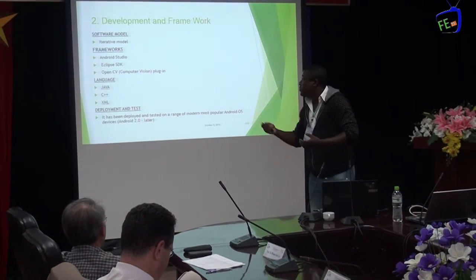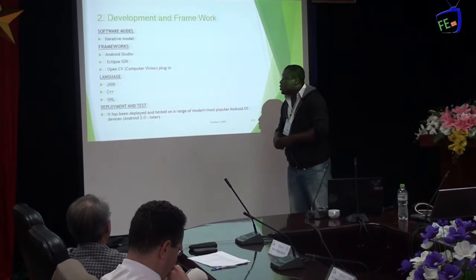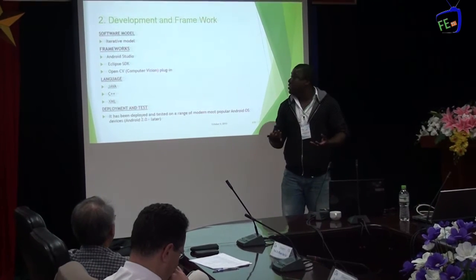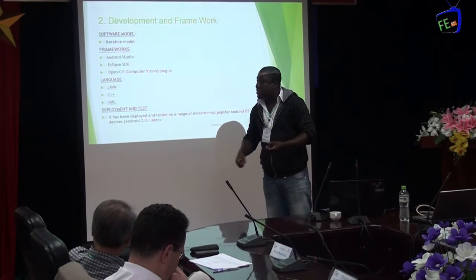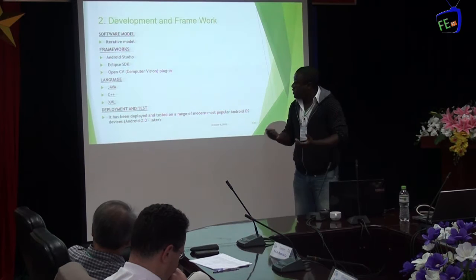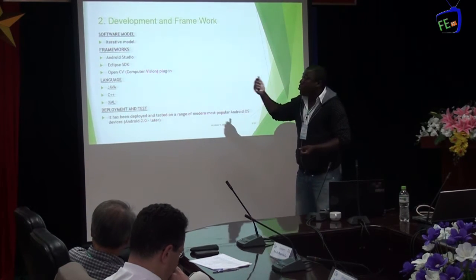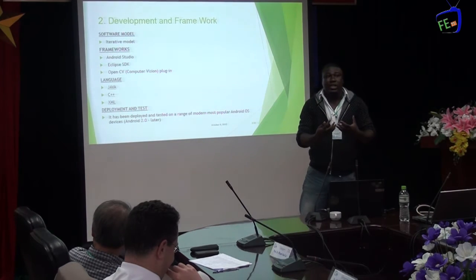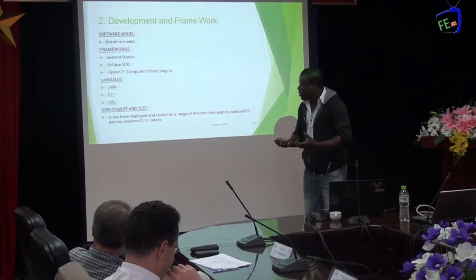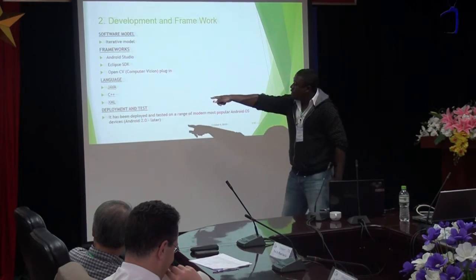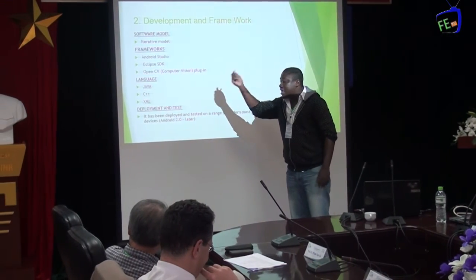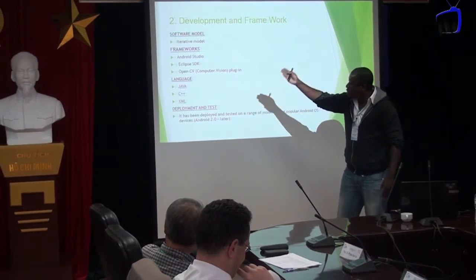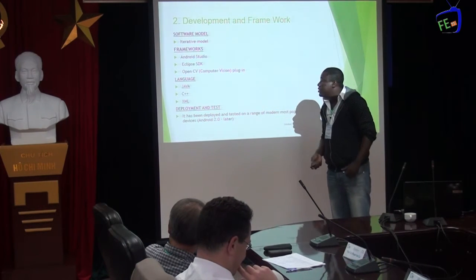We use Android Studio to develop in Java, Eclipse SDK in Java and C++, then the OpenCV plugin, which actually helps us create the image in 3 dimensions. And of course, Java, C++ as the languages, and XML.